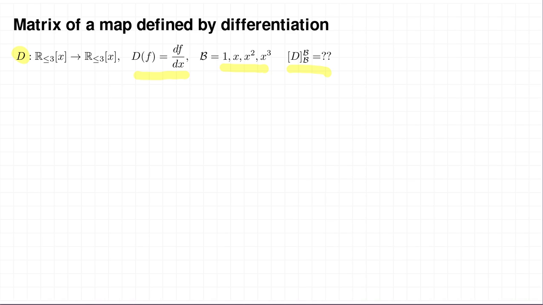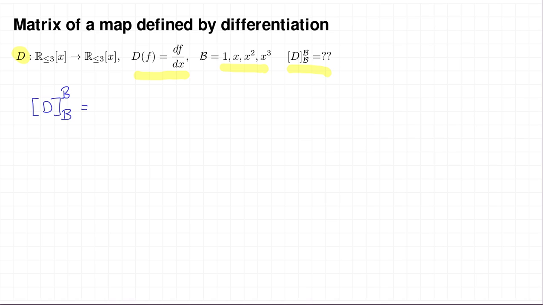So let's start by thinking about what the size of the matrix should be. The matrix of D with respect to initial basis B and final basis B. Well, this time the basis of my codomain and the basis of my domain both have size 4.